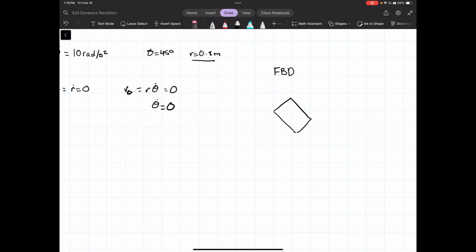And the normal force of the block is going to be normal to that 45-degree angle. So that would be here. And then the weight of the block is going to be downward.